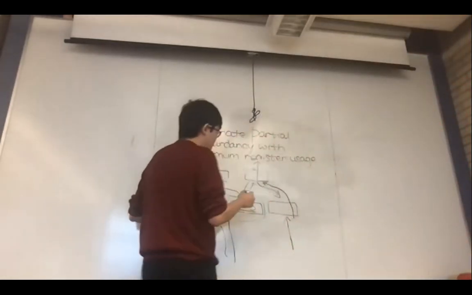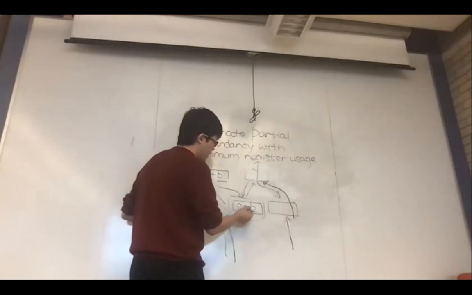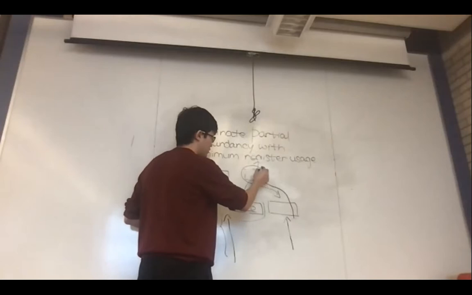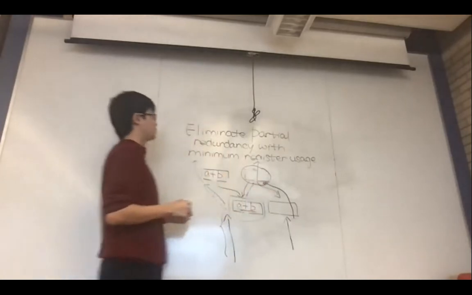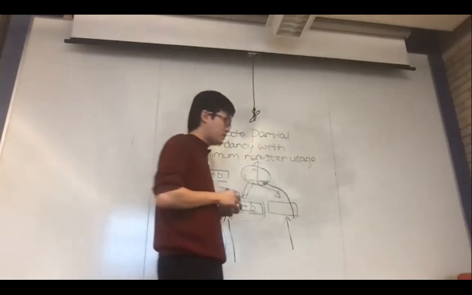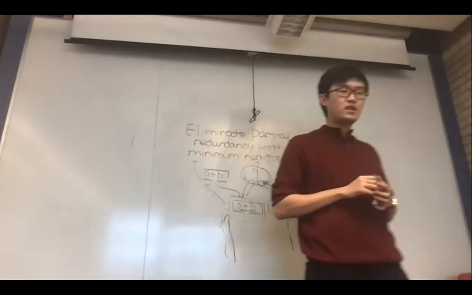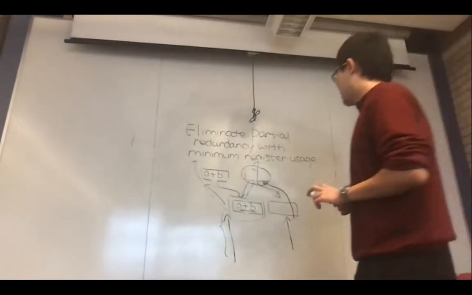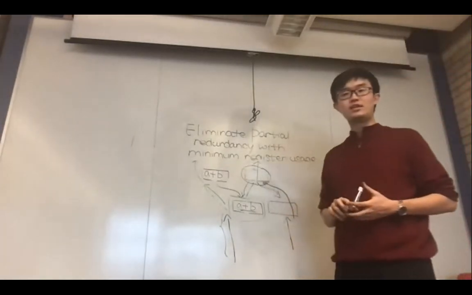Therefore, what we observe is that the expression a plus b is not anticipated at this region. This also means that it is not safe to directly insert the expression a plus b here because it is not anticipated.